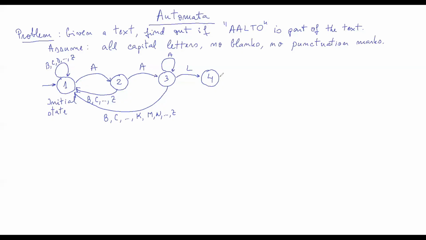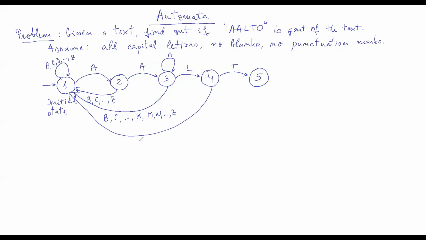So you are in state 4, and you are really hoping that the next letter you see is a T. And if that's the case, then again you are one step closer to your target of finding the word alto. If you see any other letter, then that's going to again reset your search, and it's going to bring you back to the initial state.